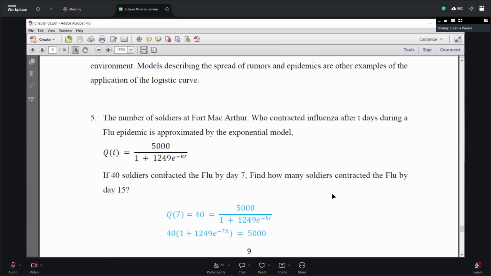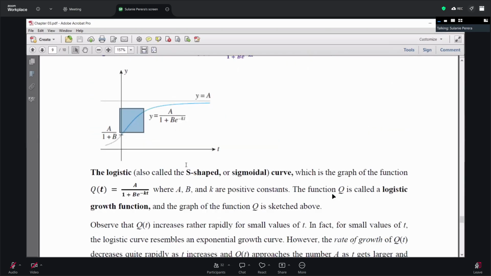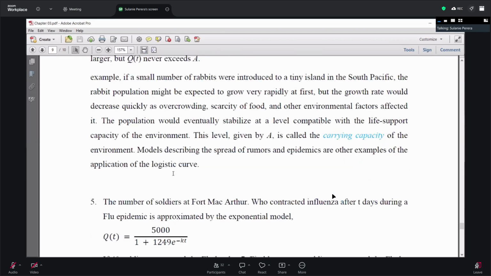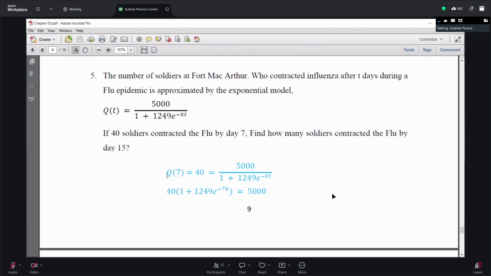So there is one example. Do you all have any questions? Okay, no questions. Then let's work out this problem. The number of soldiers at Fort MacArthur who contracted influenza after 3 days during a flu epidemic is approximated by a model.